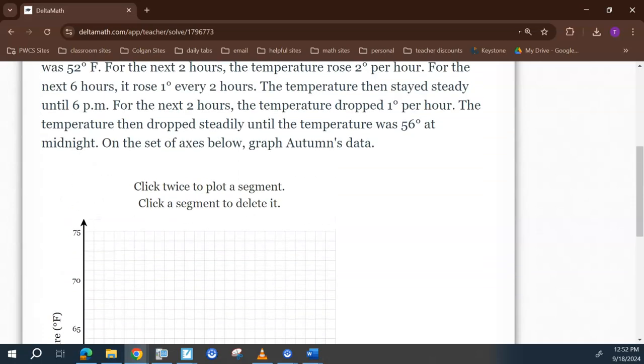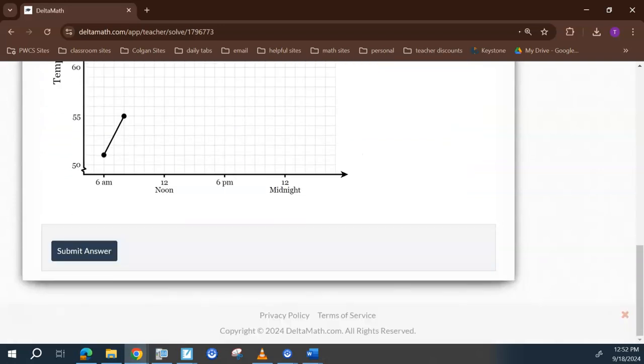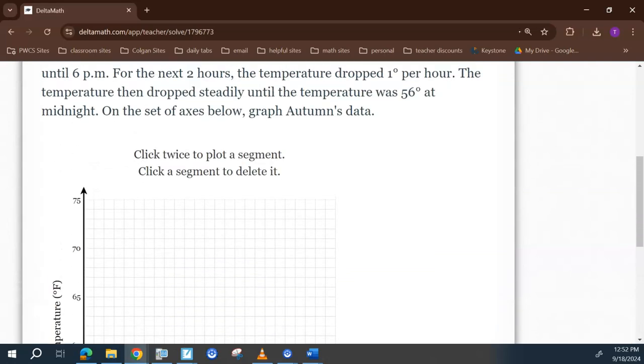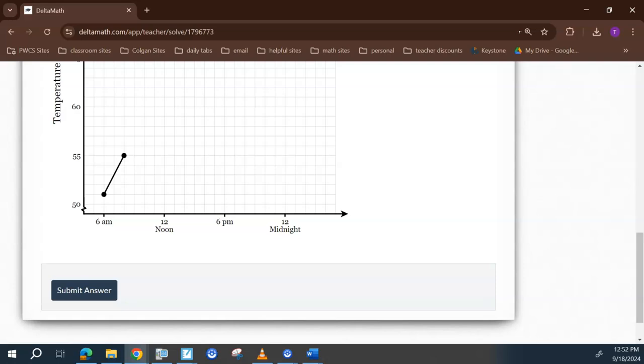And then for the next 6 hours, it rose 1 degree every 2 hours. So from 8, 9, 10, 11, 12, 1, 2, I'm going to be doing this. And it's going to go up 1 degree every 2 hours. So for this 2 hours, it went up 1.